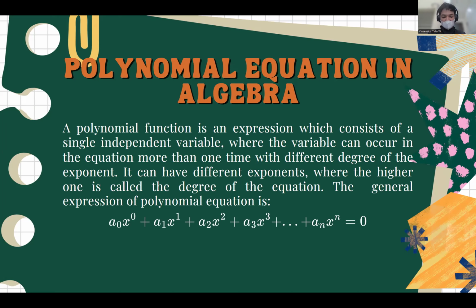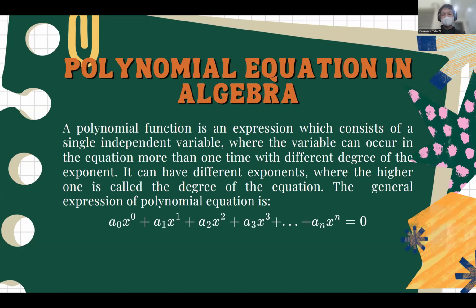The general expression of a polynomial equation is a0 multiplied by x to the power of 0, added by a1 multiplied by x, then multiplied by x and so on, plus a_n x to the power of n is equal to 0.